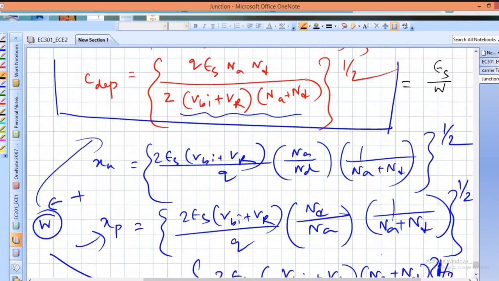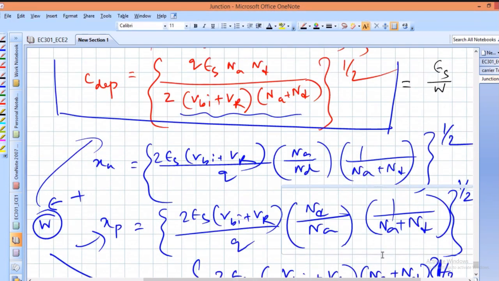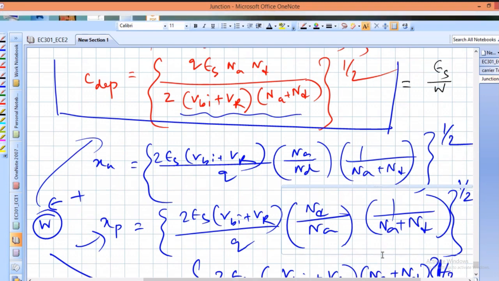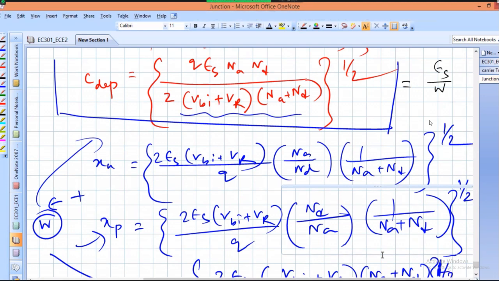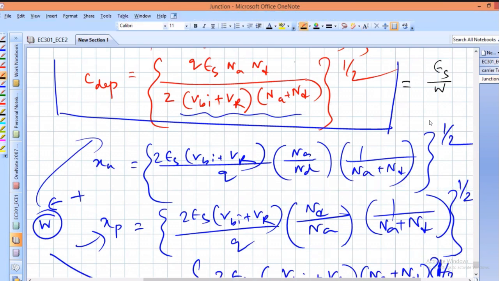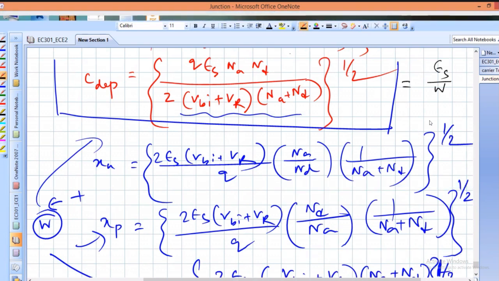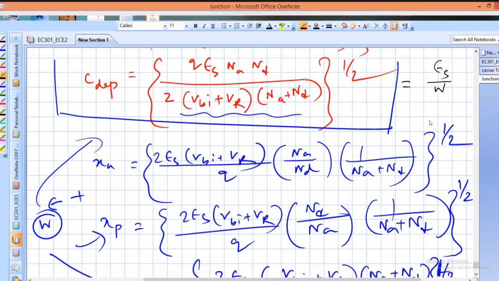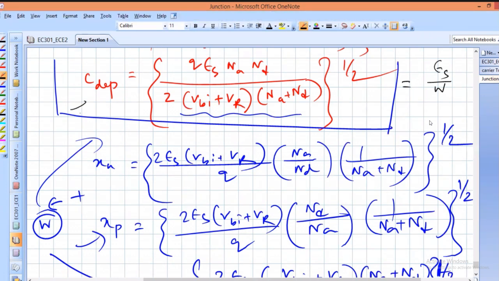So whatever capacitance we observed in a PN junction under reverse bias, which is the depletion capacitance, is very much similar to the parallel plate capacitance which is observed in a parallel plate capacitor. Don't become confused, students. Here I told you the unit is farad per centimeter square, so it is the capacitance per unit area.